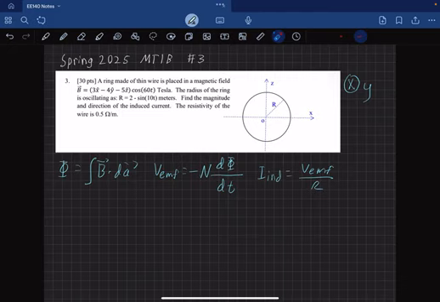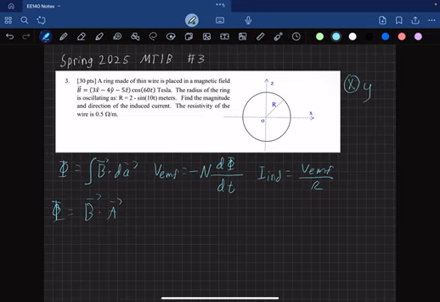Now we can see that our integral is with respect to area, so we want to see if either our radius or any of our components are changing with respect to area. We can see that this is not the case, as both of our functions are changing with respect to time but not area. Now this allows us to simplify our flux equation into simply B dot A.